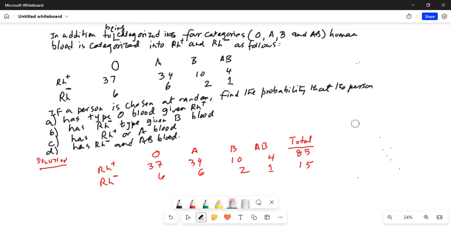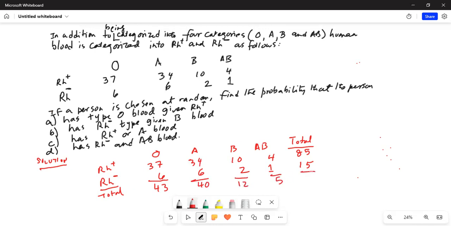Okay. So now I will total the columns. Total. 37 plus 6 is 43. 34 plus 6 is 40. 10 plus 2 is 12. And 4 plus 1 is 5.